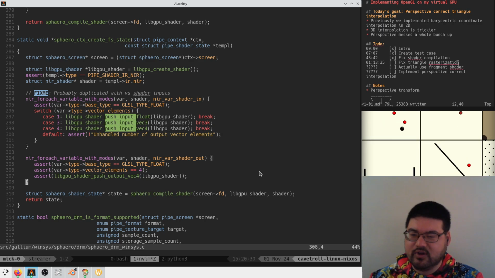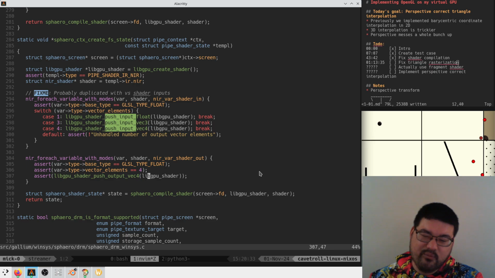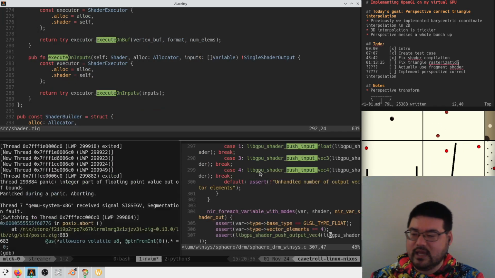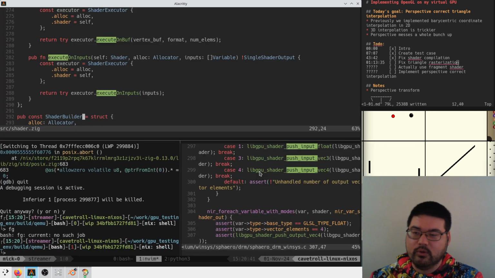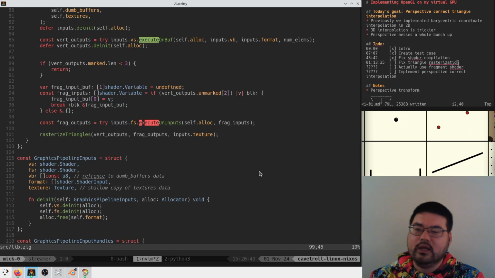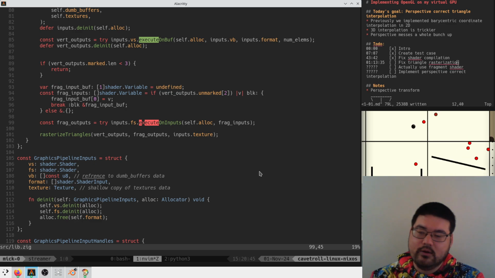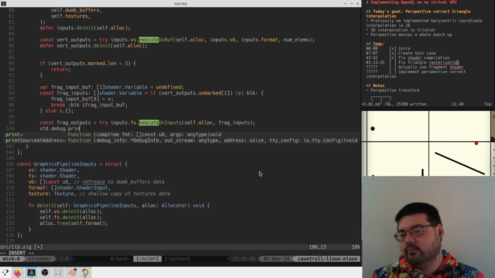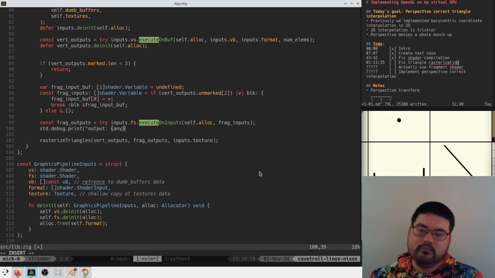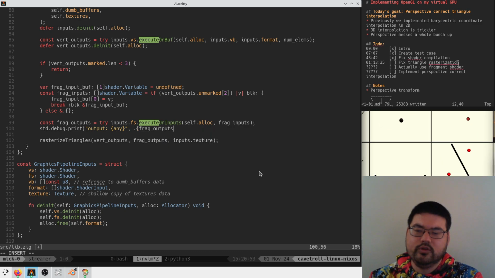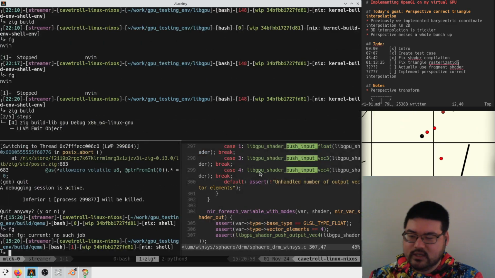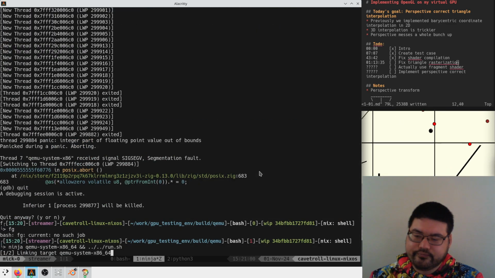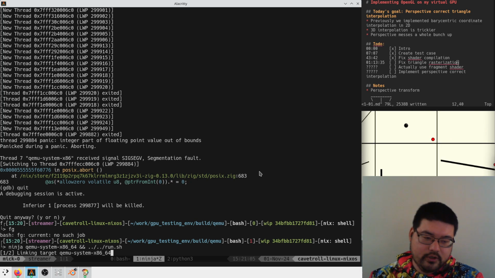Okay, here we push an output vec4 from here as well. So I'm willing to take a guess that there might be some stack corruption here. I just want to confirm that before we go farther down this road. So I would like to maybe print out the output here, just in case.